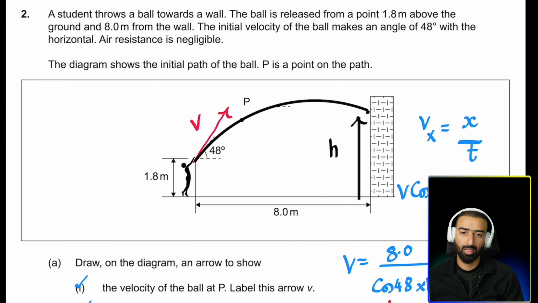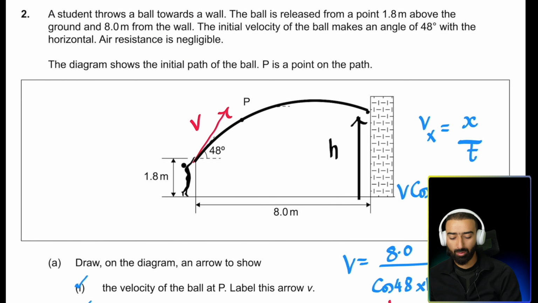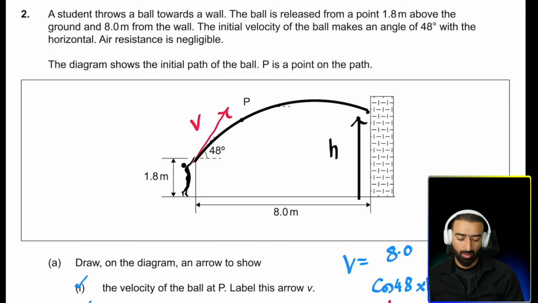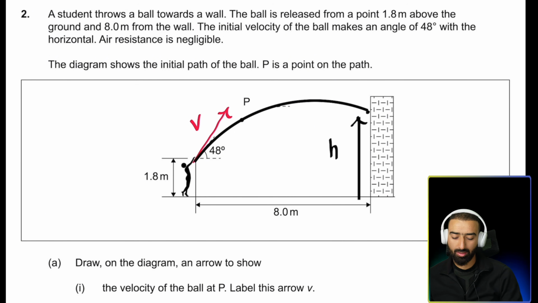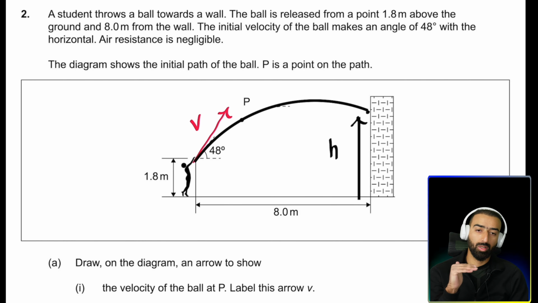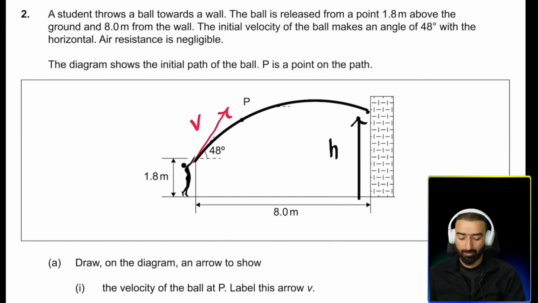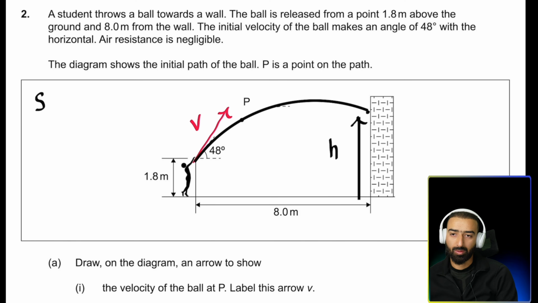Let's call that h. So how do we solve this part of the problem? Well, we can use SUVAT equations. Let's use the SUVAT equation along the vertical axis. Let's use this one. S equals ut plus 1/2 at squared.